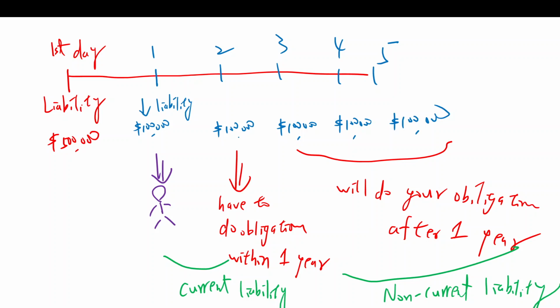Others, non-current liabilities, I know that's for after 1 year. So we use current and non-current to tell users what's going on inside the company. We don't just report 400,000, because outsiders don't know the situation. That's why we have to tell them it's within 1 year or more than 1 year. Okay, any questions?